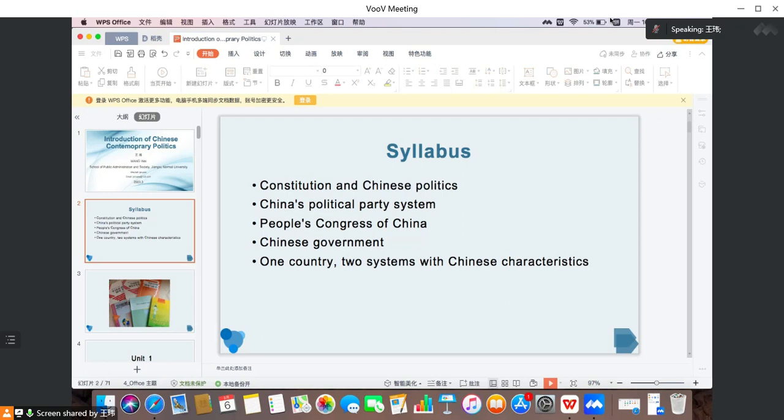Then the central government will tell them how to communicate with other countries. So this is a very special political system. We call it one country, two systems, but with Chinese characteristics.